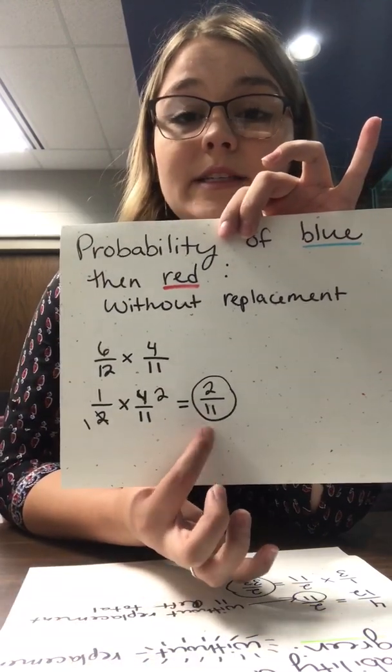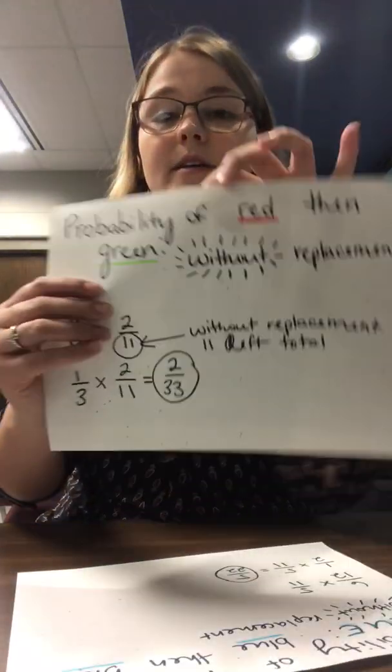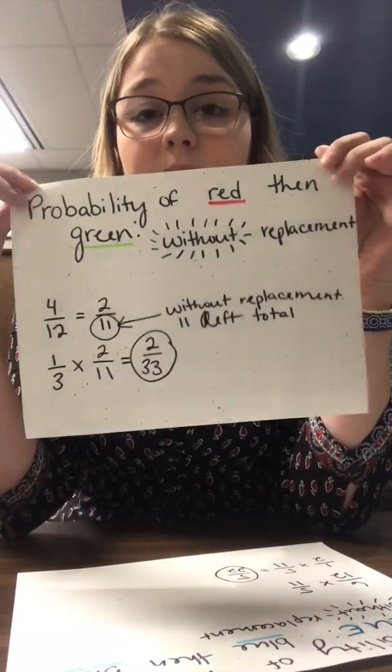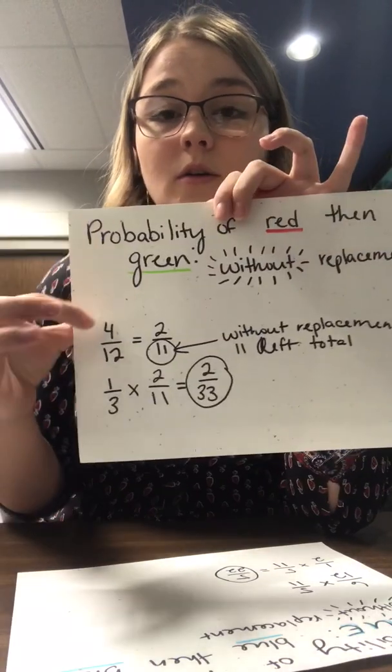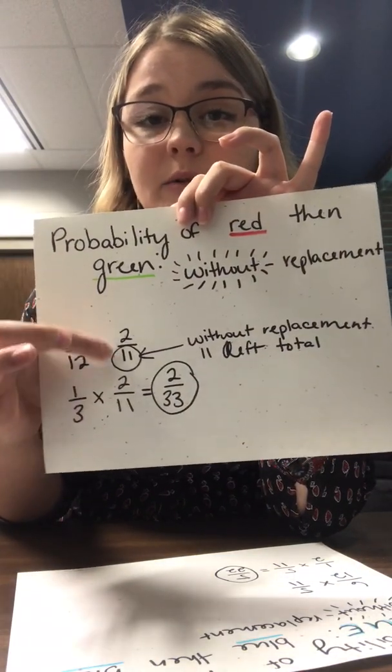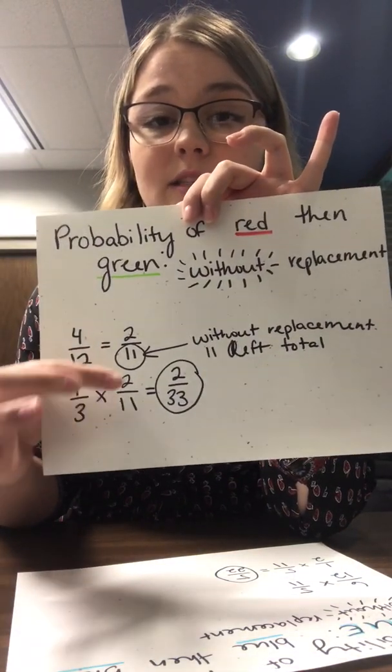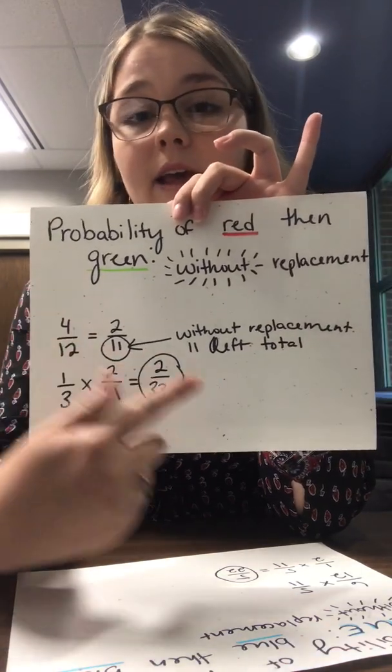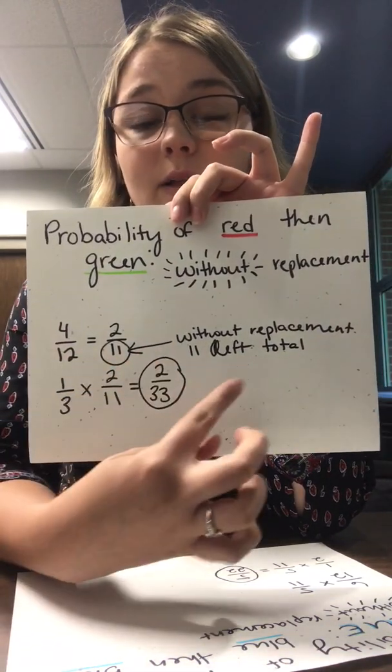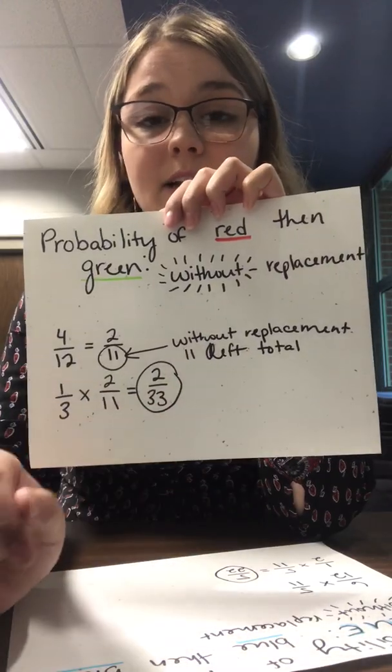So the total would be 2 11ths. The next one was probability of red and then green without replacement, which was 4/12 times 2/11. So 1/3 times 2 11ths, 2 33rds. And that's because the 11 is without replacement, so there were 11 left total in the container.